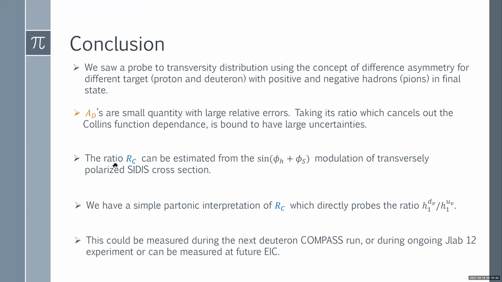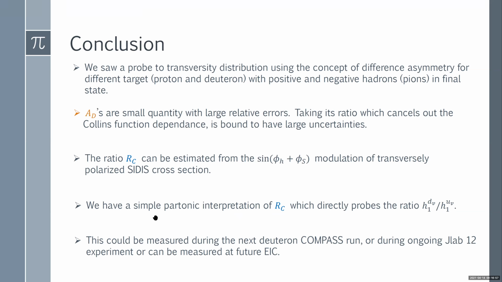But the ratio R_C can be estimated from the sin(phi plus phi) modulation of the transversely polarized SIDIS cross section, and we have a simple interpretation for R_C, which can directly probe h1 d_v upon h1 u_v, which is basically the transversity distribution of the valence down quark upon the transversity distribution of the valence up quark.